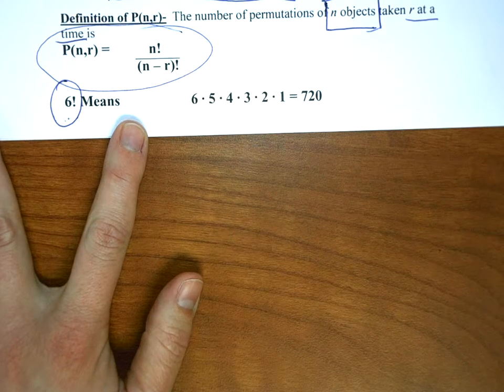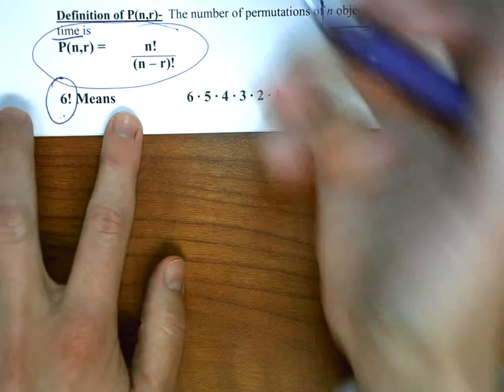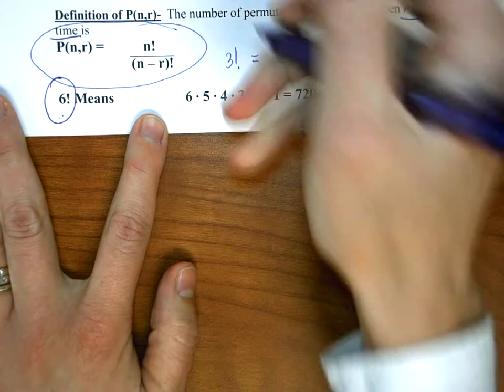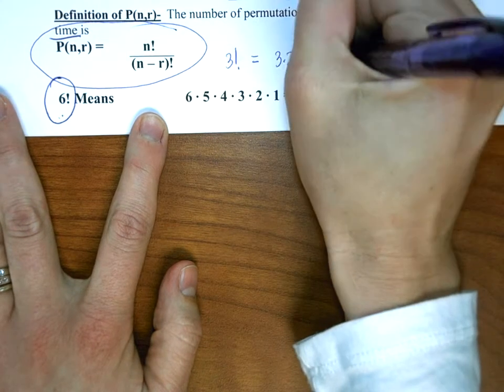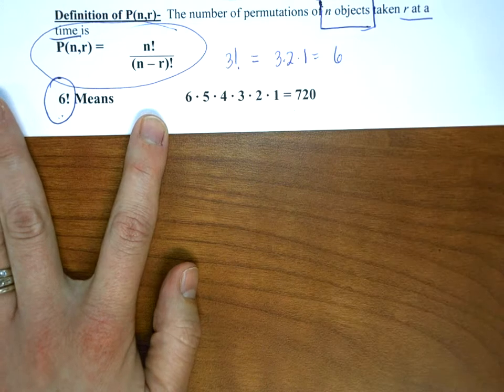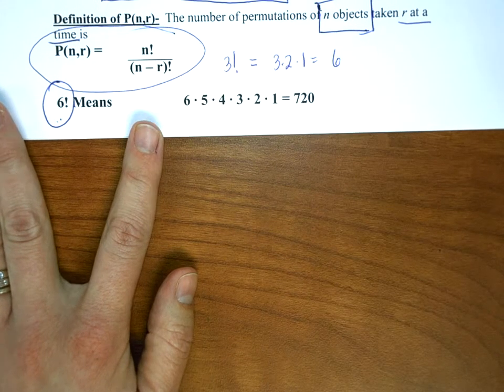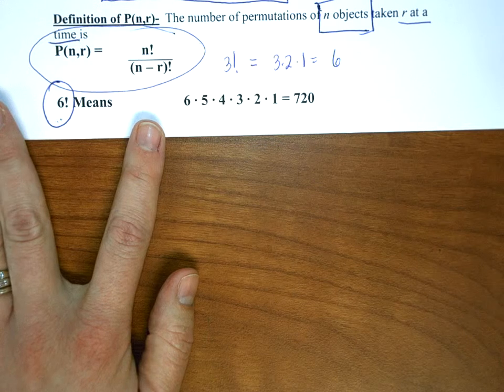So if I had, let's say, 3 factorial, what would that be? 3 times 2 times 1, exactly, which equals 6. And there is a shortcut for this on your calculator, but I'm not going to show it to you yet. I will at the end of the lesson.